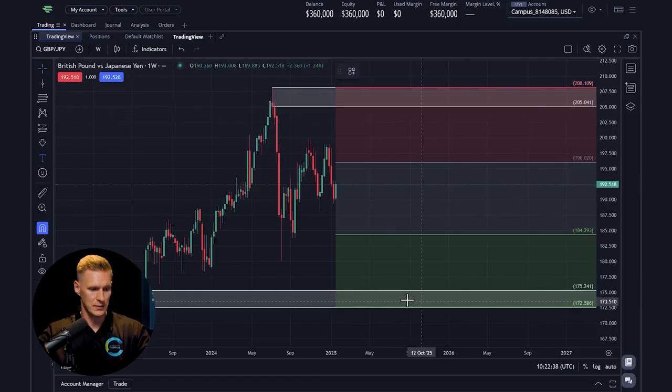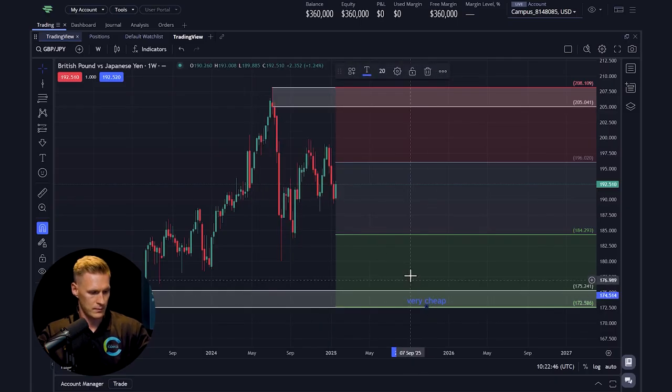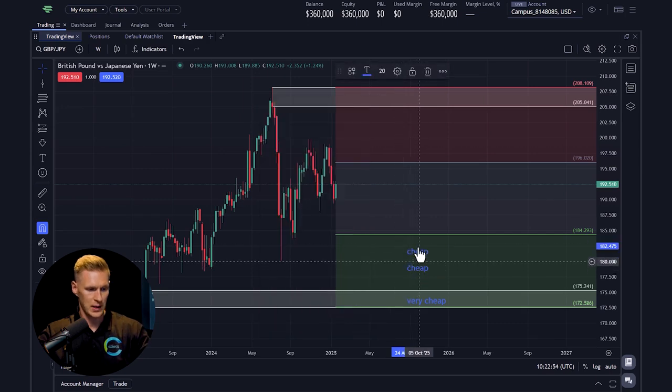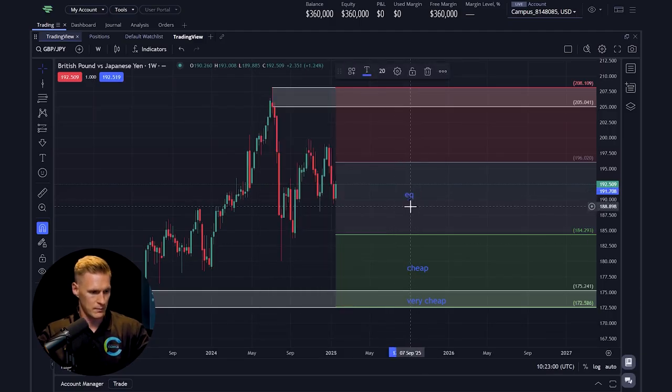Let me name it. This one is very cheap. This one is just cheap. This one is equilibrium, right? Expensive.